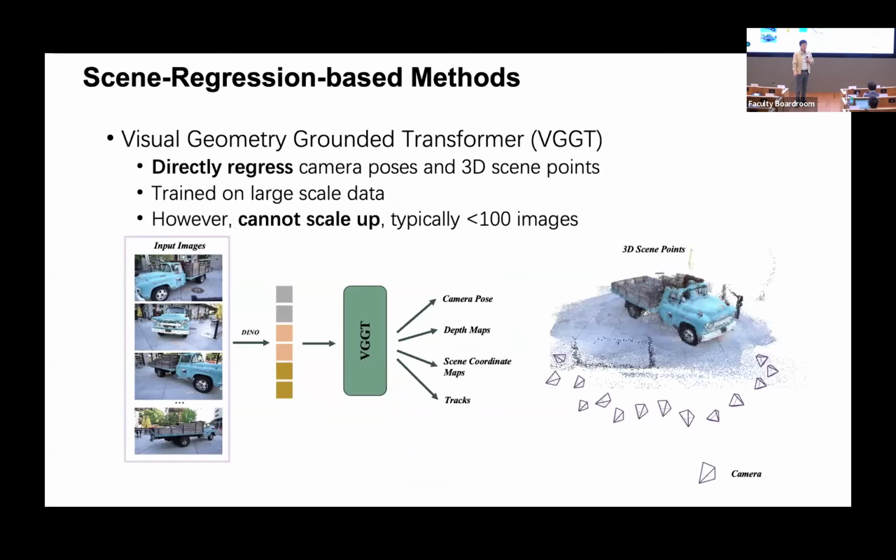The most recent advance is the so-called VGGT, which won the Best Paper Award at CVPR this year. And actually, it begins from DUSt3R, which was a CVPR paper last year, 2024.